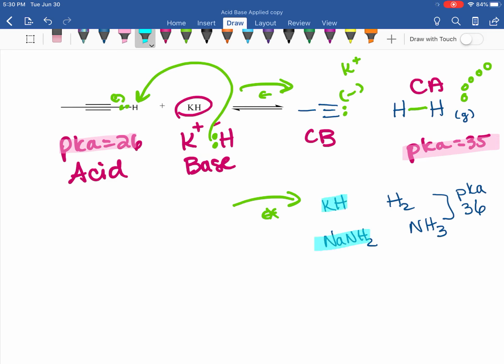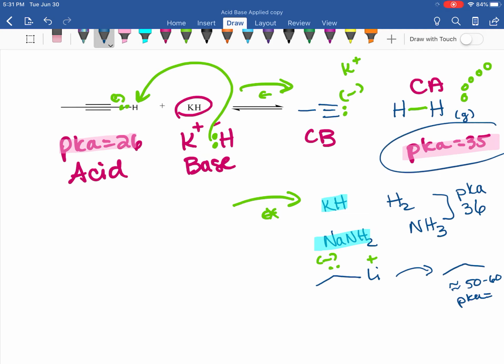So our nitrogen bases are much stronger than our hydroxide bases. And then to get even stronger, we're going to see that we can have carbon bases. That is a C minus. And our pKa on these for our carbon bases can get up to 50 to 60 pKa. They are the strongest bases out there.